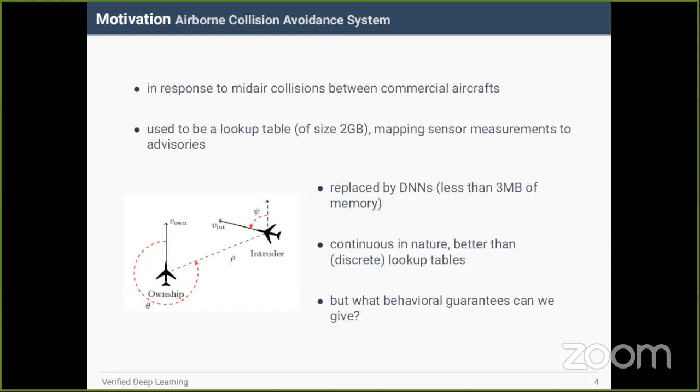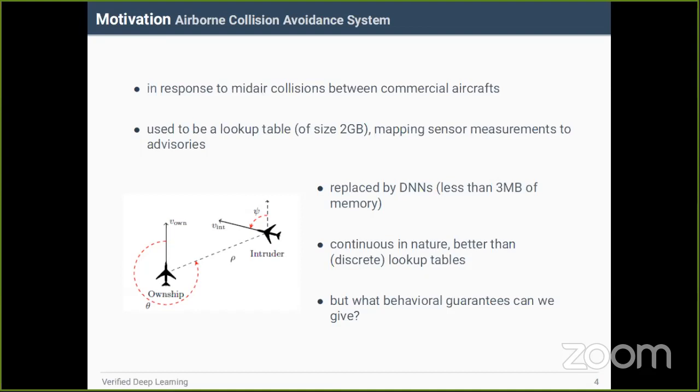I'm just trying to motivate the use of DNNs. So this 2 GB table was replaced by DNNs, which took less than 3 MB of memory. You could have a neural network trained on all these sensor inputs and the corresponding outputs, and you can now replace this whole lookup table by this DNN, which will tell you what to do.